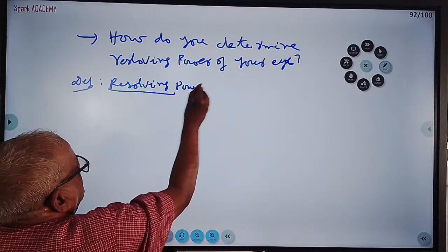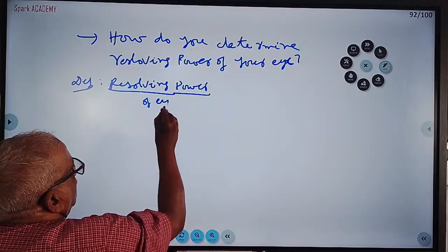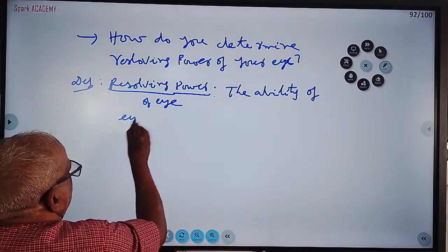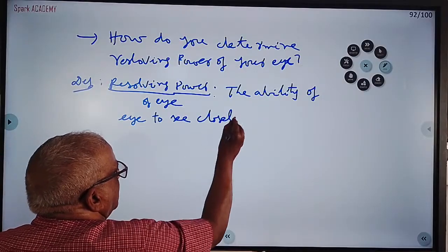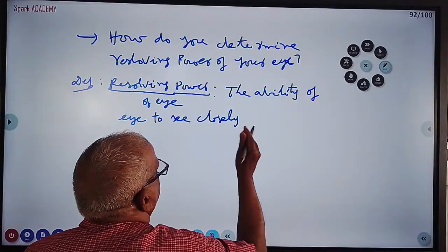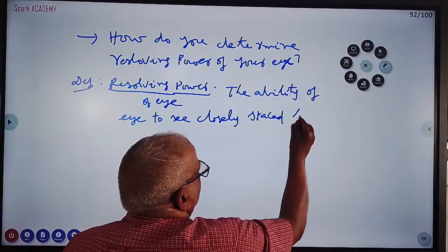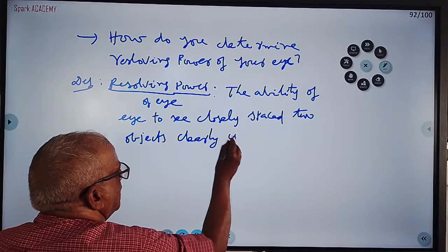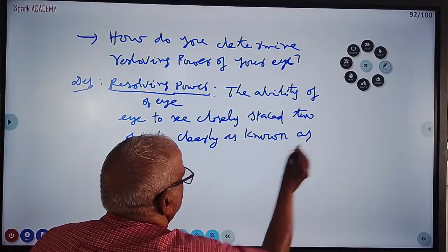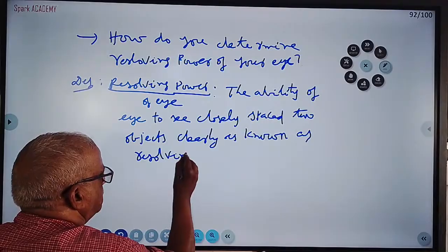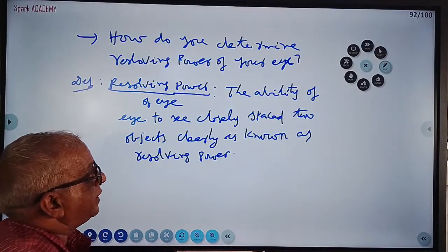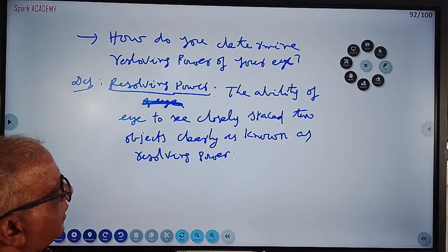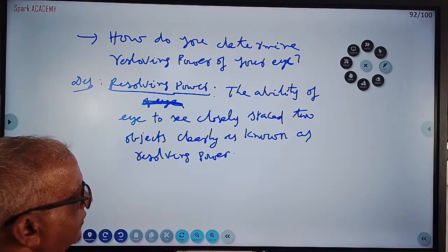Resolving power of the eye: the ability of the eye to see closely spaced two objects clearly is known as resolving power.